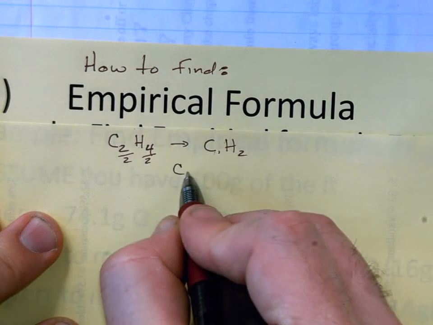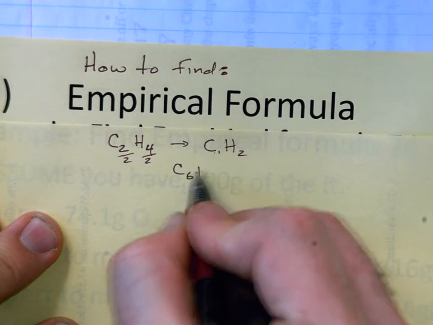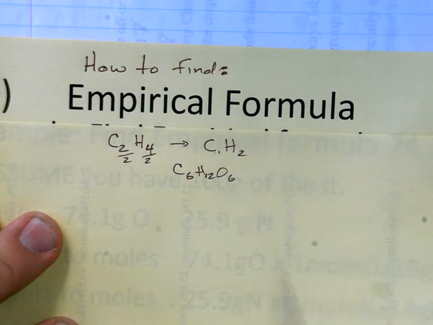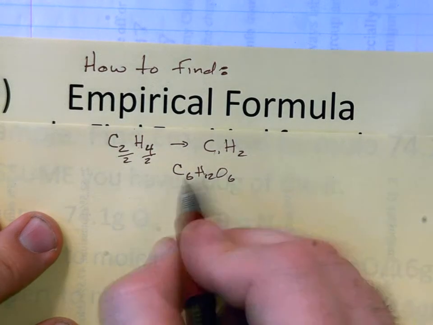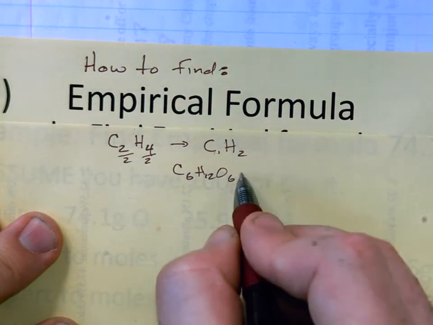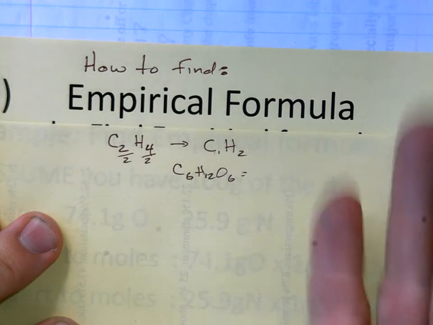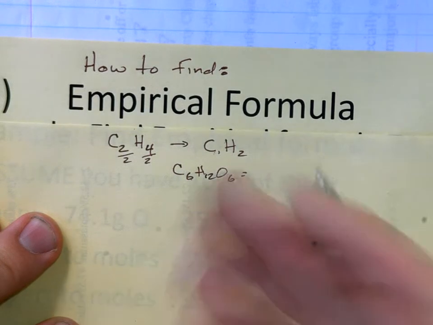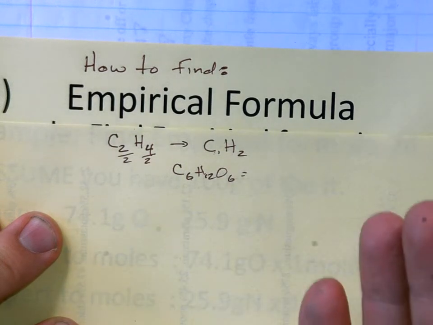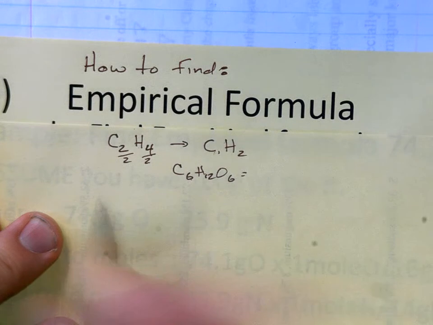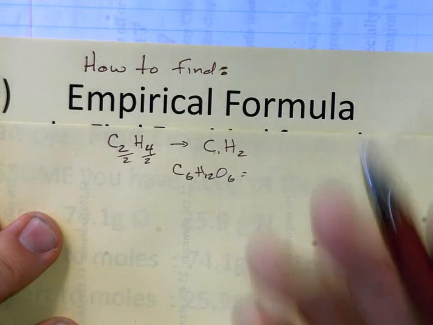I also reminded you of glucose sugar, C6H12O6. Now the empirical formula is that when the chemists first started working with figuring out how much carbon and hydrogen were in a compound, they didn't know the concept of the mole.